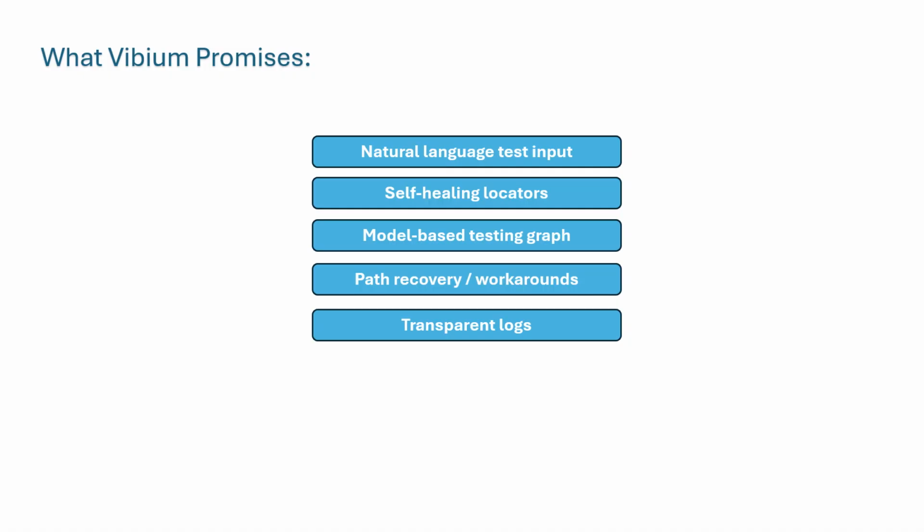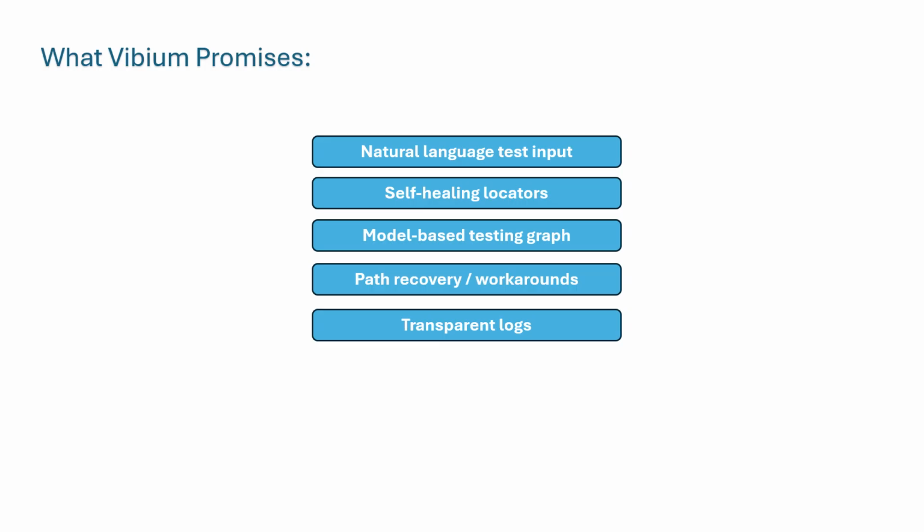So this is what Vibium promises and what we will use for our prototype. Natural language test input. That means we will not use code, but we will use English. Self-healing locators. That means if one locator breaks, the tool tries another one automatically. Model-based testing graph.